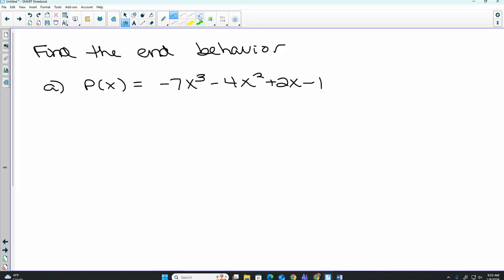So my leading term is the term with the highest power of x. So that's my negative 7x to the third. Okay, if you see an x cubed, what does it look like? Chair. But what does a negative do to that? Flips it. So my end behavior will be up, down.